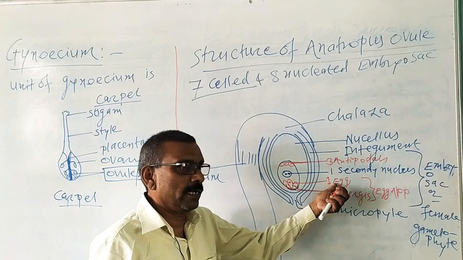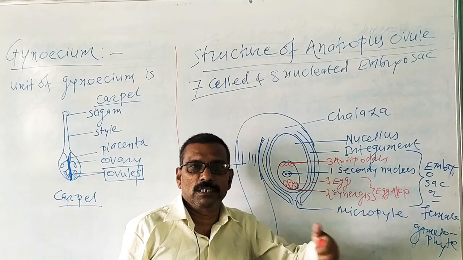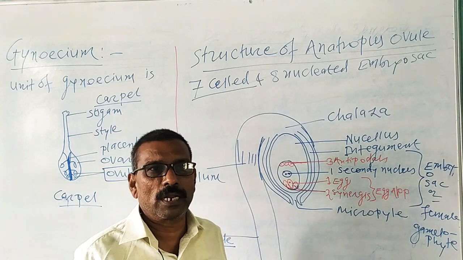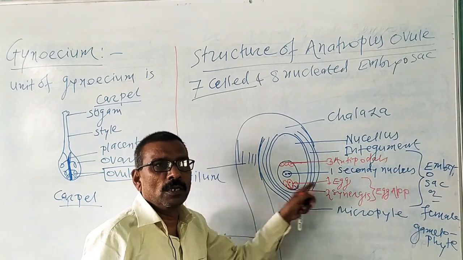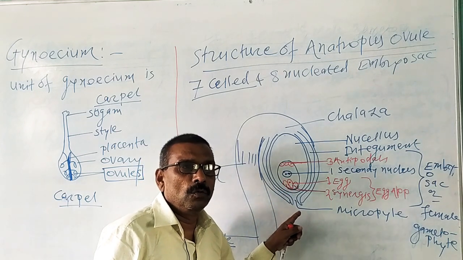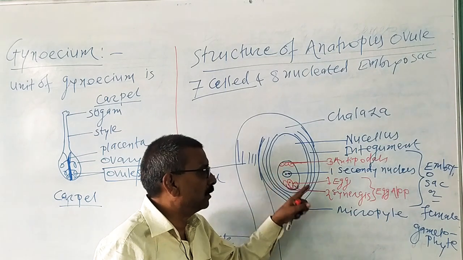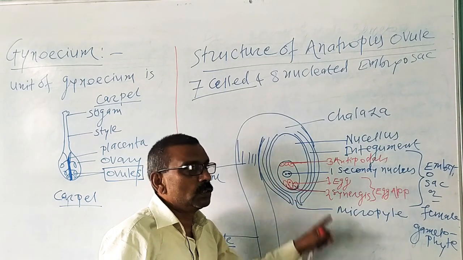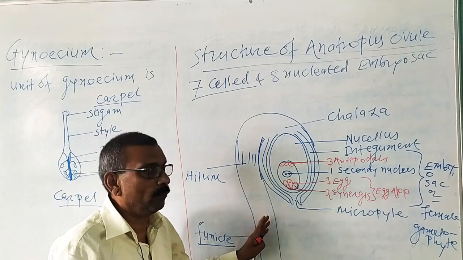Then egg cell after fertilization converts into a diploid cell, that one is known as a zygote, and zygote gives rise to the embryo. Then of the two synergids, one guides the entry of the pollen tube inside the embryo sac. In this way, these are the functions of different parts of the ovule.